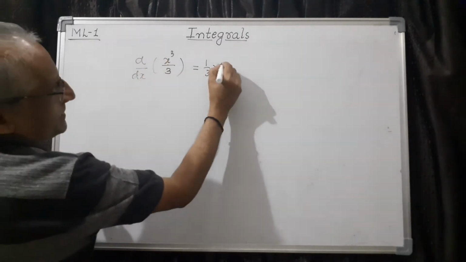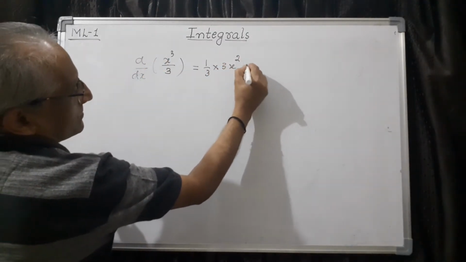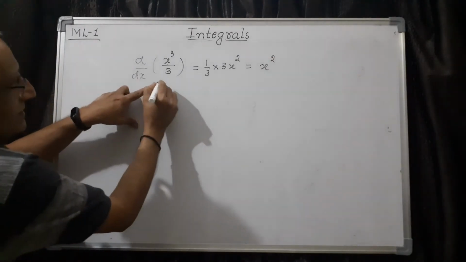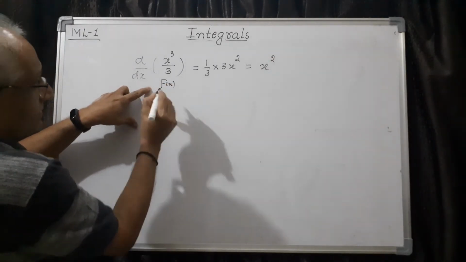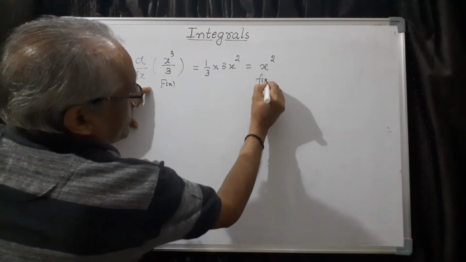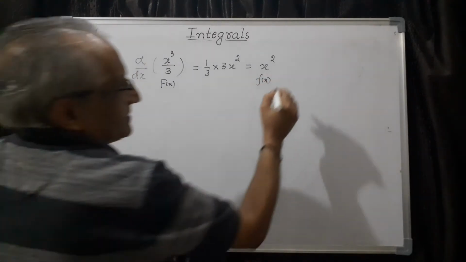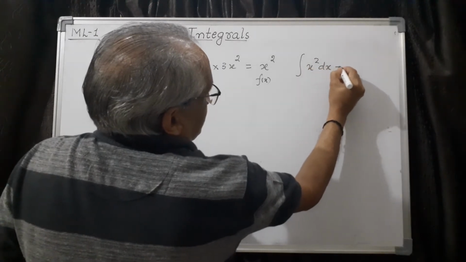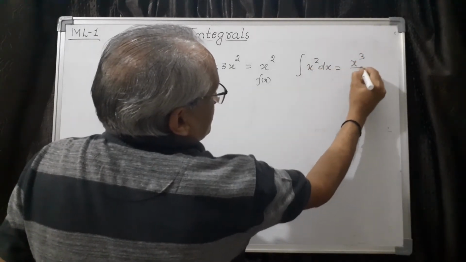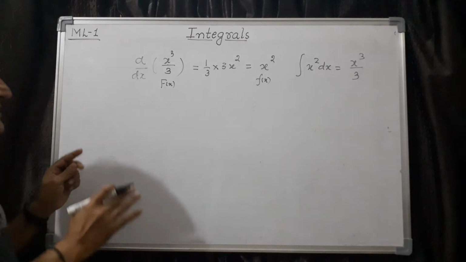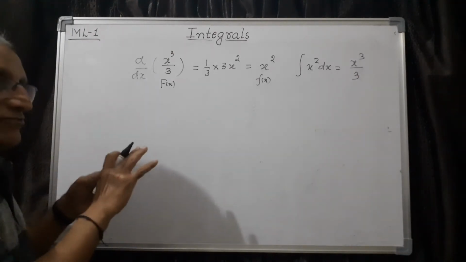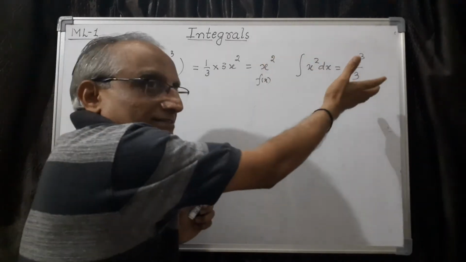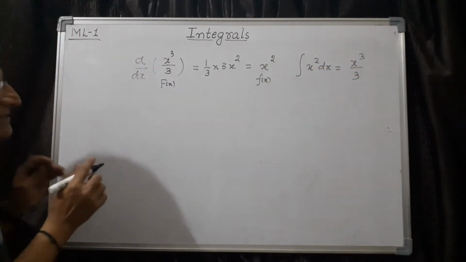Differentiation of x cube is 3x square. So this is x square. Therefore, this is our capital F of x, and this is our small f of x. By definition, integration of x square dx equals x cube by 3. For the beginner, first you take a function, differentiate it, then write the reverse. That is the easy method.